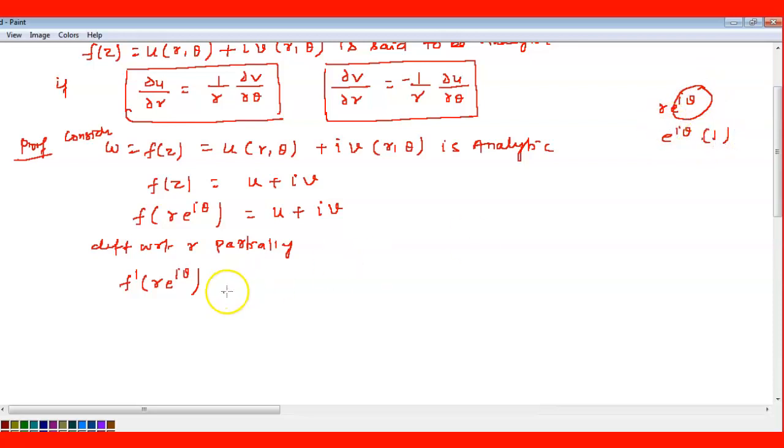So we can write e to the power i theta times del u by del r plus i del v by del r. Any doubt till here? This is equation number 1.